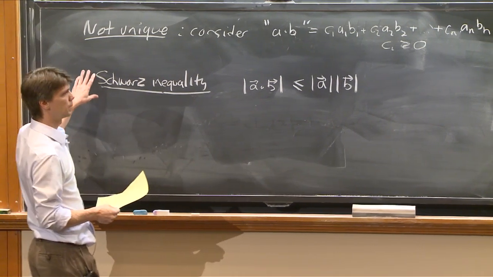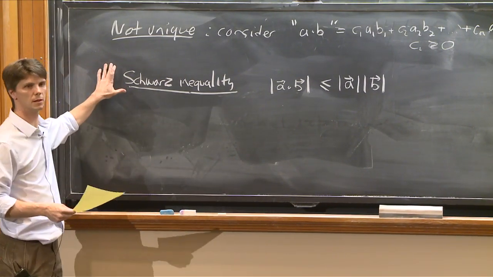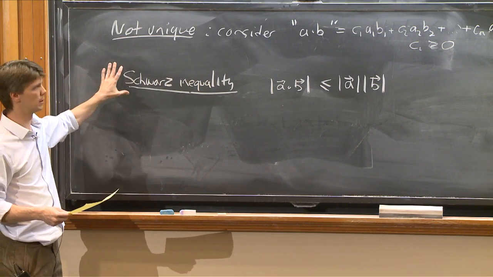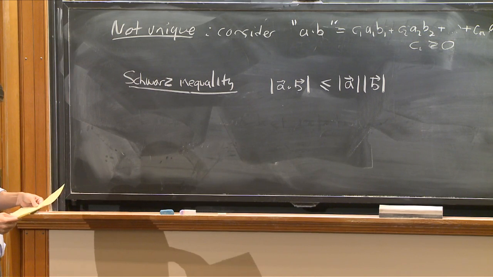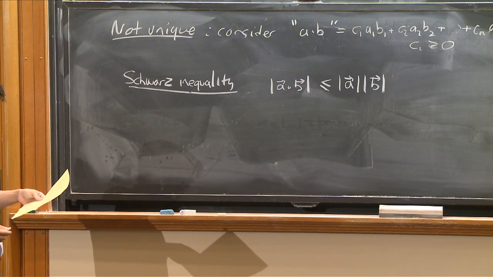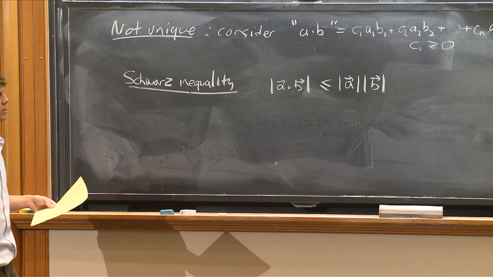One of the problems in the p-set is to consider this in the more abstract sense, but this is very easy to show for real vectors. So this is all very nice.